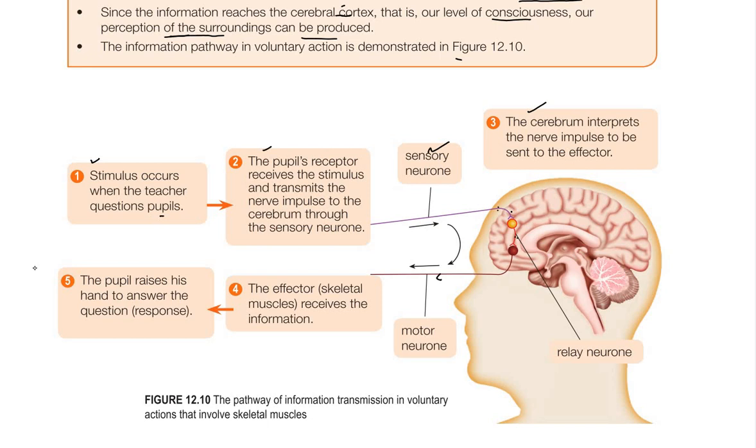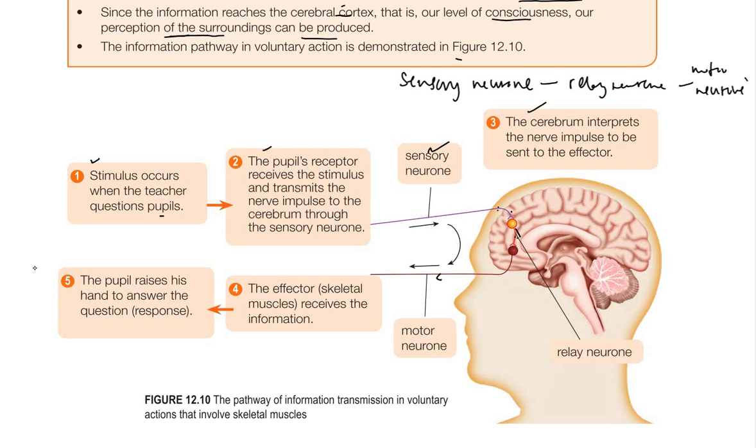From the sensory neuron, the impulse enters the cerebrum, and then it enters the relay neuron. You must remember the sensory neuron must be connected to the relay neuron, and then to the motor neuron. This is the pathway.